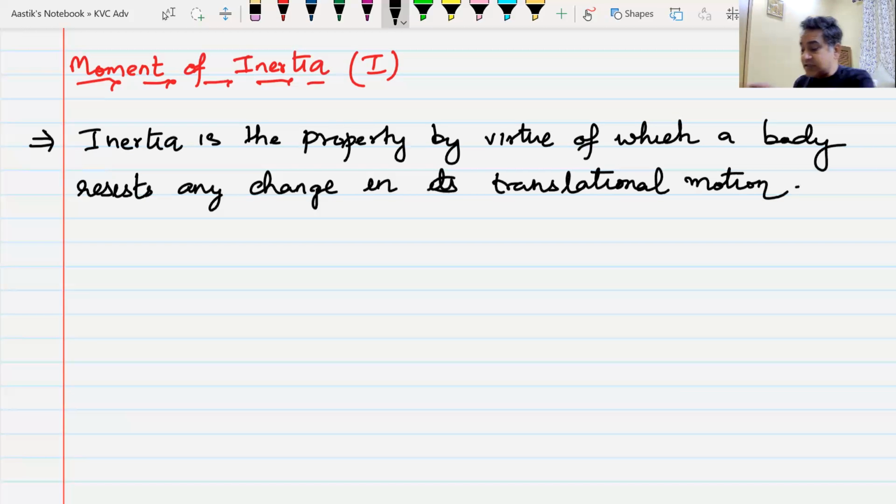Moment of inertia, MI. Not mission impossible, but moment of inertia. But for us, even simple things get mission impossible. And everyone has to become Tom Cruise and hang from the helicopter and save the world. We're not Tom Cruises, and this is not mission impossible. This is mission IIT. It's as simple as it gets.